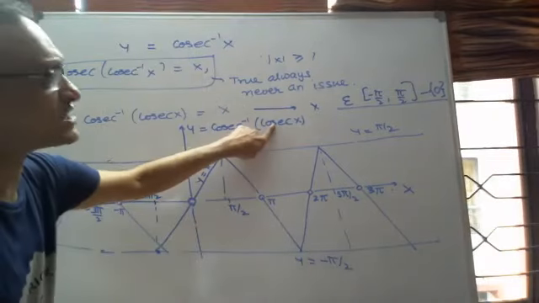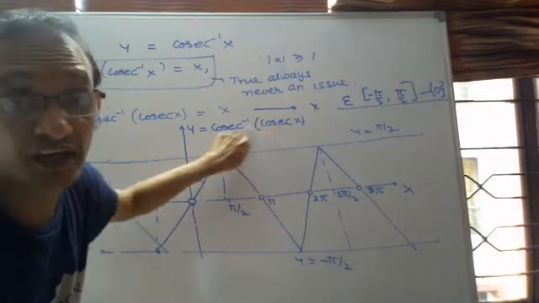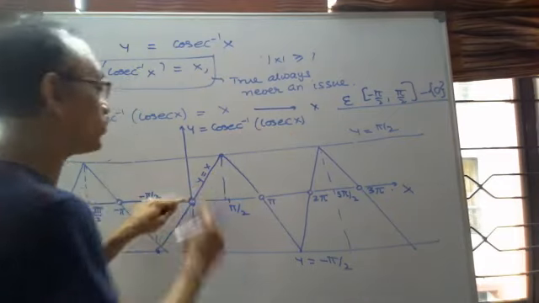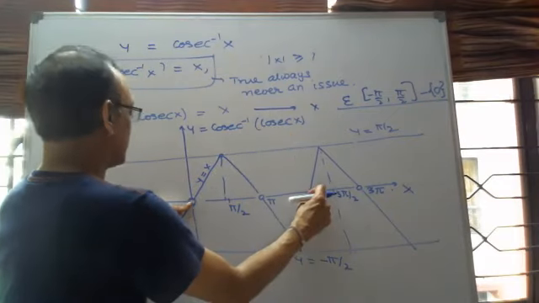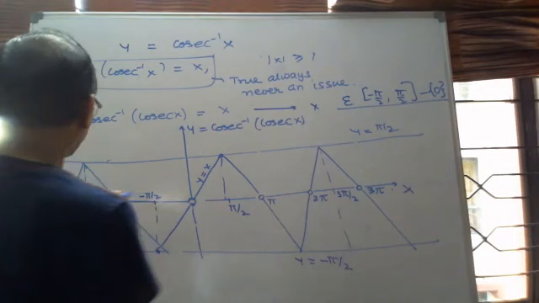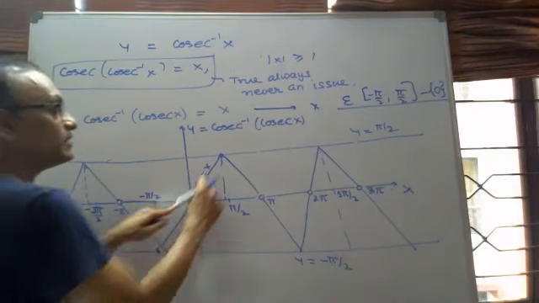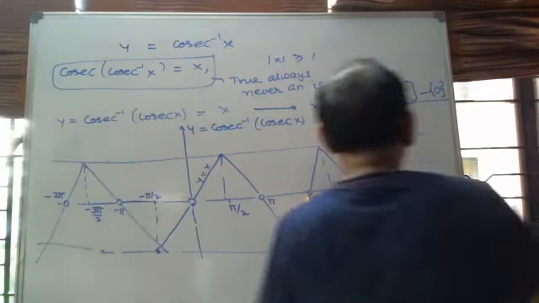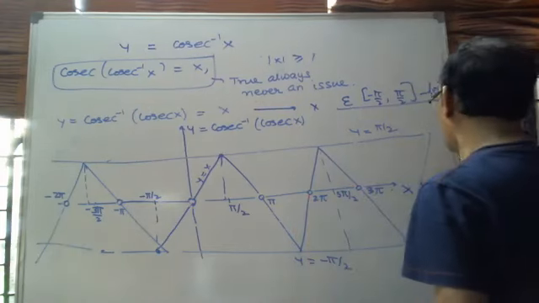Again, cosec x has periodicity 2 pi. Cosec inverse cosec x will also have periodicity 2 pi, so it's enough to draw the graph in this interval. The rest is the same: as it is from -2 pi to 0, it will be the same in 0 to 2 pi, and in 2 pi to 4 pi, and so on.